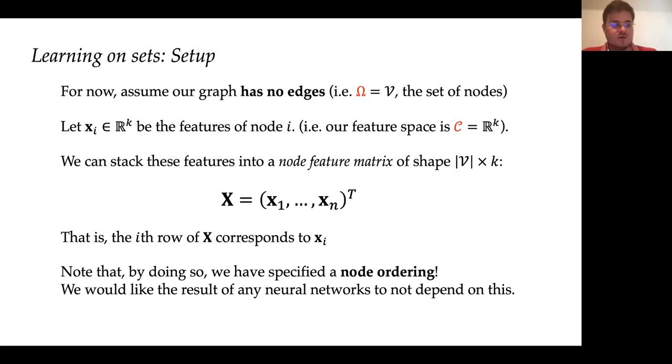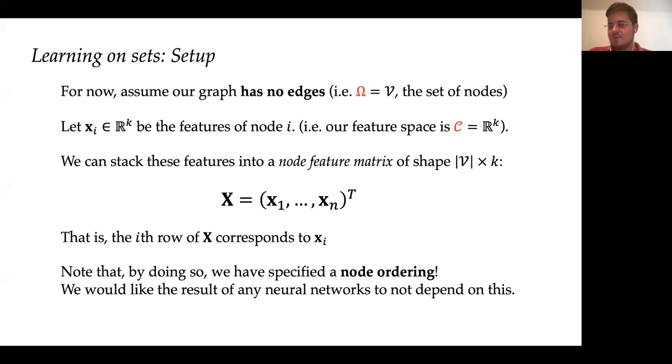In the words of our geometric blueprint, this corresponds to our feature space C. So k-dimensional real vectors are the feature space that we'll be using. And once you have these features, a typical way in which you process data like this is you stack the node features into a node feature matrix X, such that the ith row of this node feature matrix corresponds to the features of the ith node.